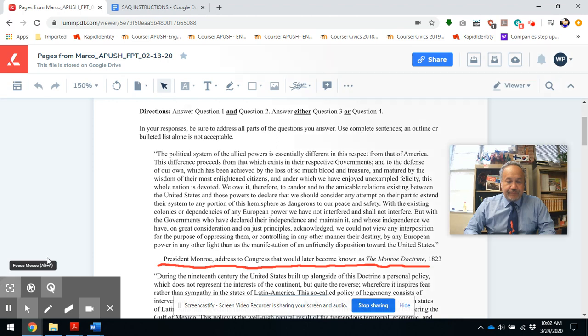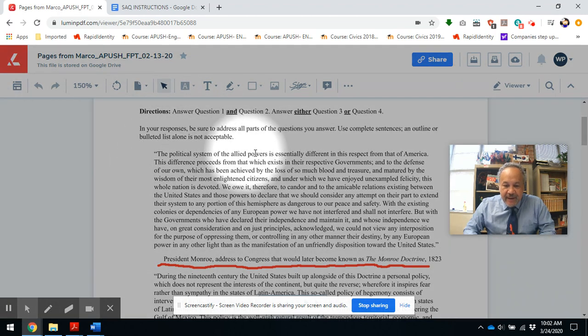The political system of the Allied powers is essentially different in this respect from that of America. This difference proceeds from that which exists in their respective governments, and into the defense of their own, which has been achieved by the loss of so much blood and treasure, and matured by the wisdom of the most enlightened citizens, under which we have enjoyed unexampled felicity.